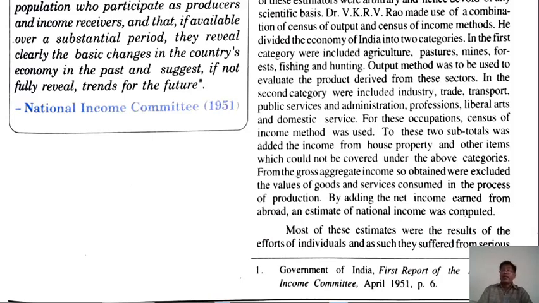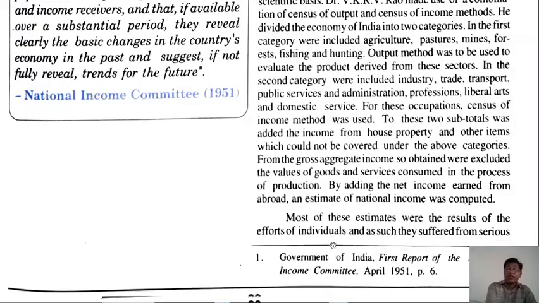From the gross aggregate income so obtained, the value of goods and services consumed in the process of production was deducted, adding the net income earned from abroad. An estimate of national income was computed.